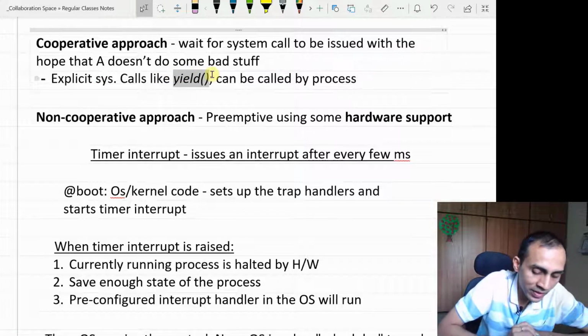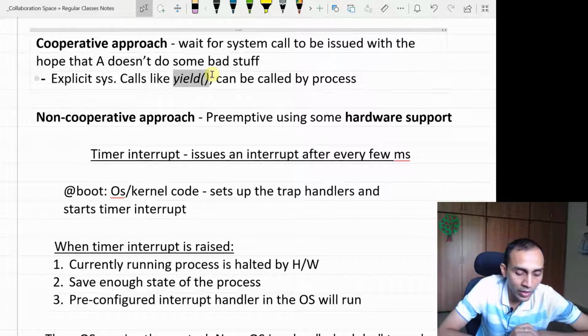What I'm saying is that the OS hopes that any process which runs will do some system call at some point or other, and at that point the OS will regain control. But let us say the process doesn't want to do anything, it's just doing some multiplication, addition, simple operations. If it has run for a sufficient amount of time and now wants to give back control, how can it do that?